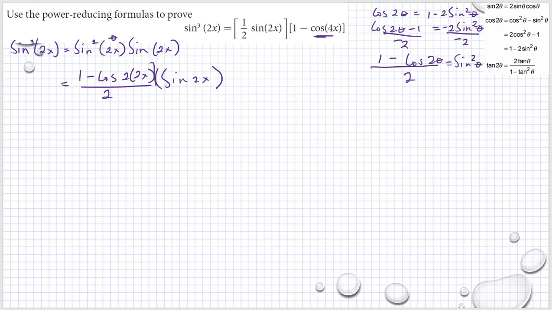If I simplify that now, then I have 1 minus cosine 4x, divided by 2, multiplied by sine 2x.